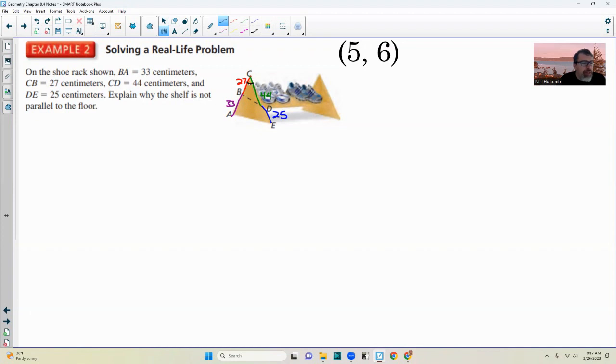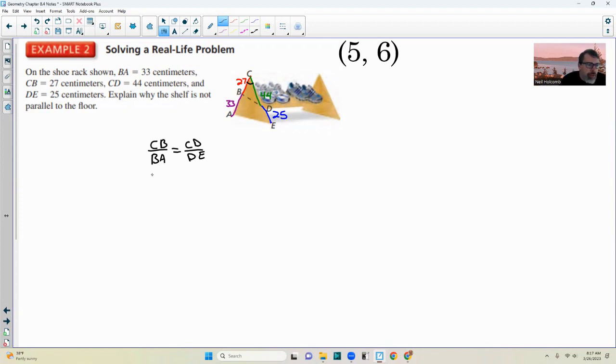So this vertex angle is congruent to itself, and therefore we're using the side angle side similarity theorem. So we're going to set up a proportion: CB over AB, or CB is to BA, as CD is to DE. That's how we set it up. Then I substitute in my givens.